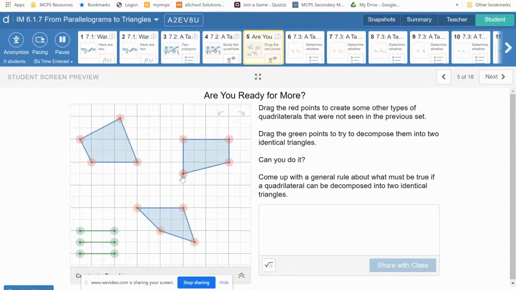So for this one, there we go. That is a parallelogram. I'm going to slice from opposite angle to opposite angle. Boom. For this one, let's create another parallelogram.